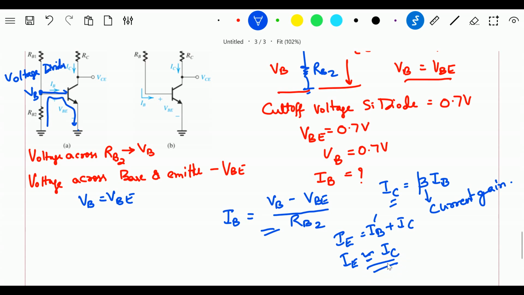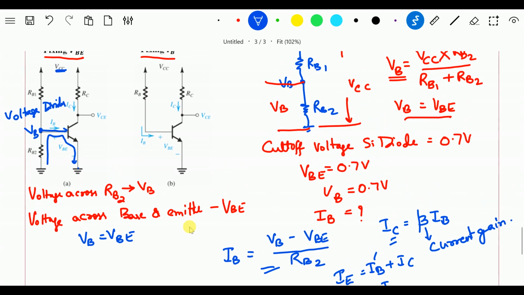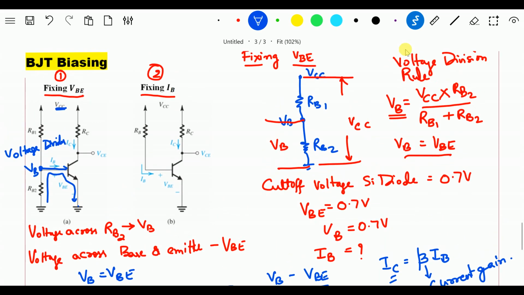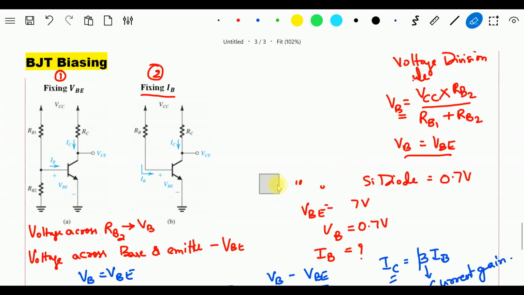Now coming to the equation of VCE, because for the Q point, I already told you there are two values which are very much necessary. One is IC and another one is VCE. Now I will go back to the circuit to write the equation for VCE. If I want to write the equation for VCE, I am going to take this loop.